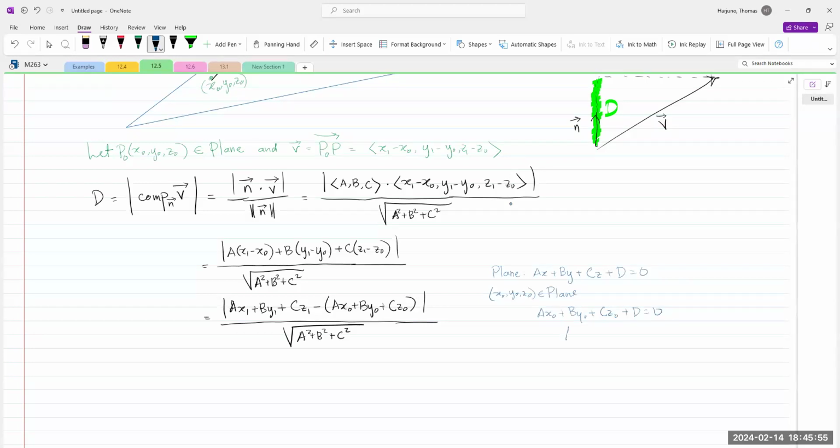In other words, a x naught plus b y naught plus c z naught equals negative d, which I will replace there. This is the formula of the distance of a point from a plane.